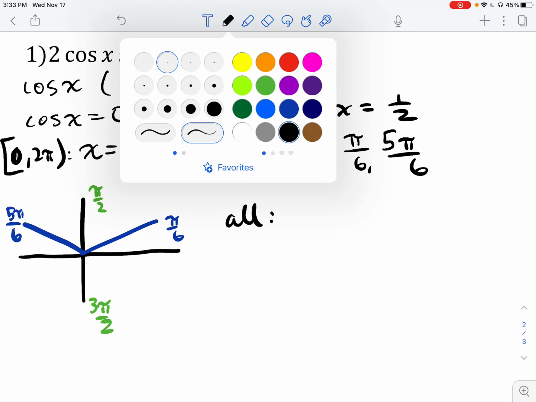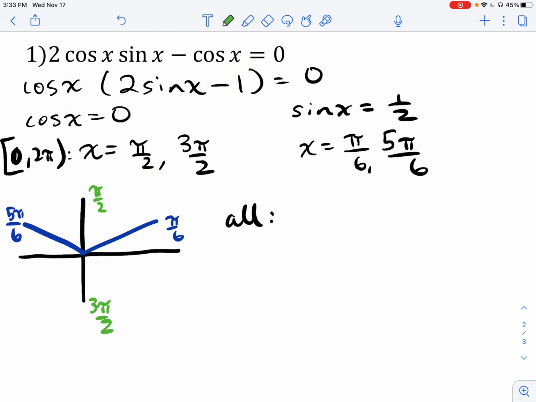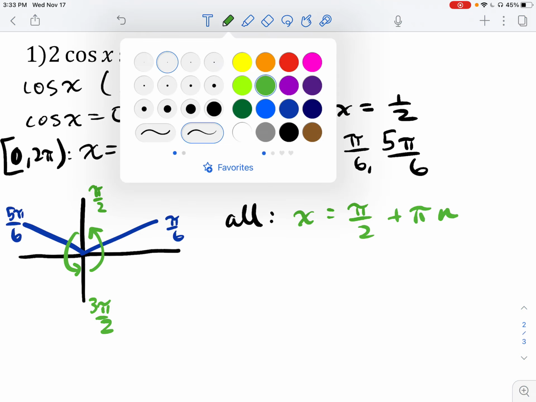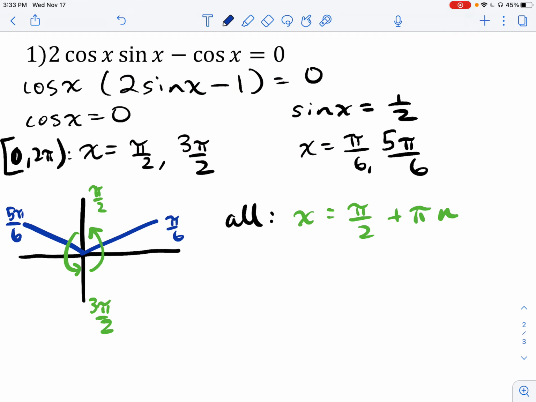Well, I can see here that between pi over 2 and 3 pi over 2, these are going to be pi radians apart. So x is equal to pi over 2 plus pi n. And then with these angles here, I would be able to start then saying x is equal to pi over 6 plus 2 pi n, along with 5 pi over 6 plus 2 pi n.